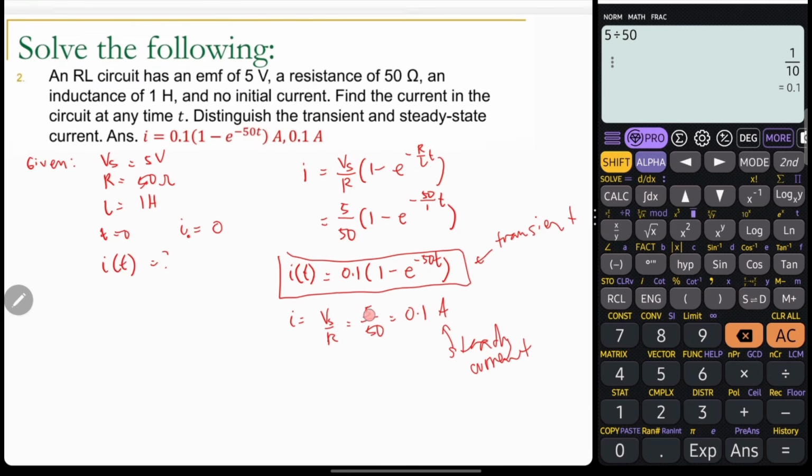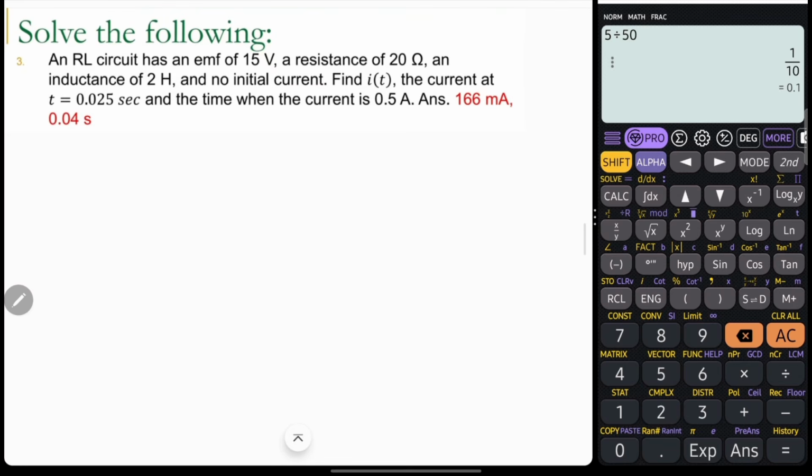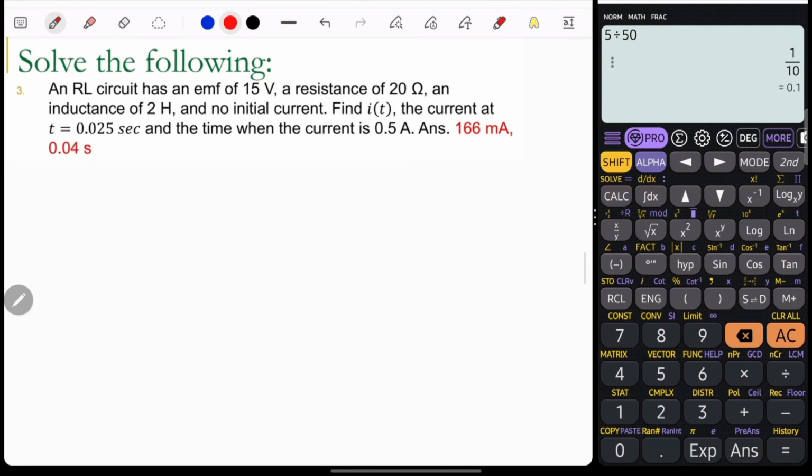Another example. An RL circuit has an EMF of 15 volts, a resistance of 20 ohms, and an inductance of 2 Henry, and no initial current. Given: V sub S is 15 volts, R is 20 ohms, L is 2 Henry, initial current is 0, that is when the time is 0.